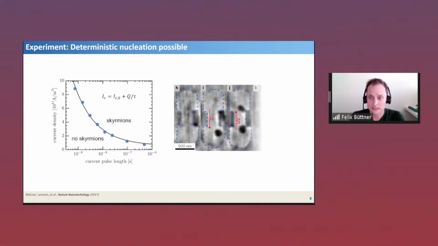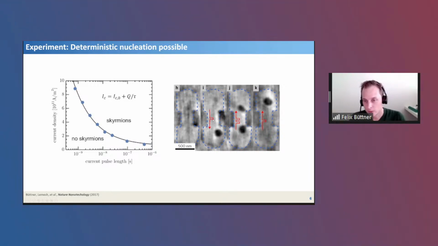And in the experiment, we can also do imaging, and we see that if we synthetically generate a magnetic track where we have a constriction, and that constriction is breaking the lateral symmetry, this is the point where the skyrmions can then nucleate. Indeed, when we inject a current pulse, we see that skyrmions nucleate from one of those corners. We can move them away by further current pulses.